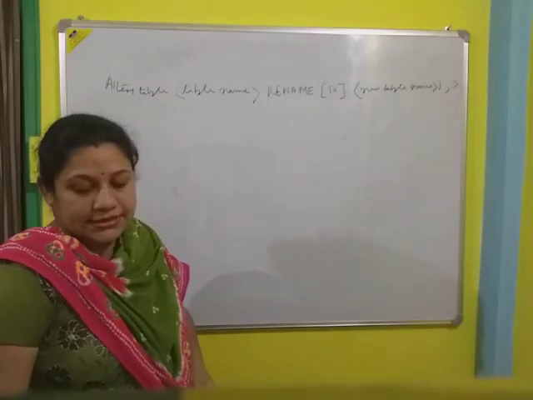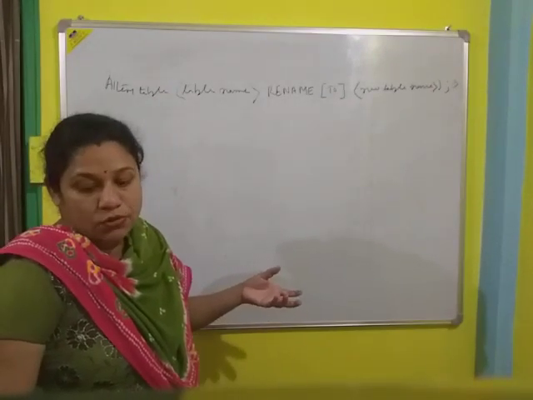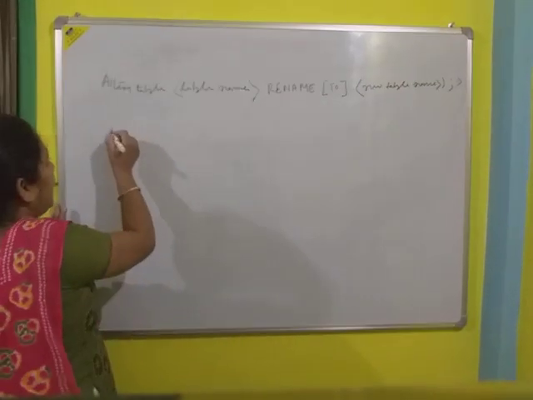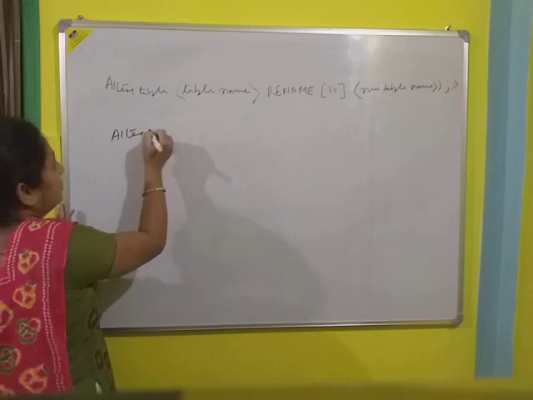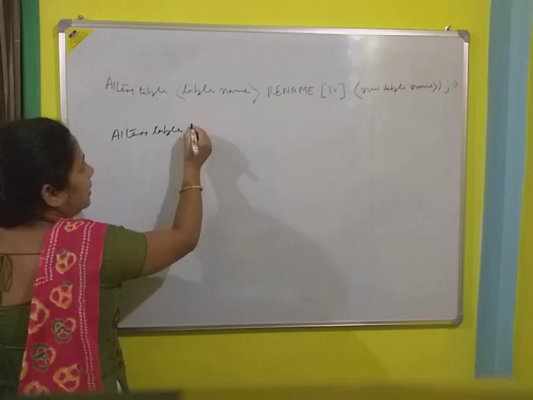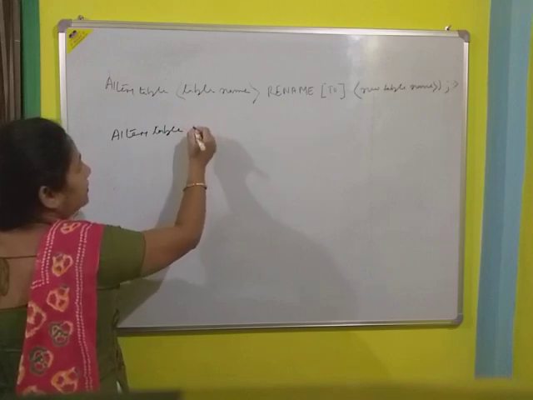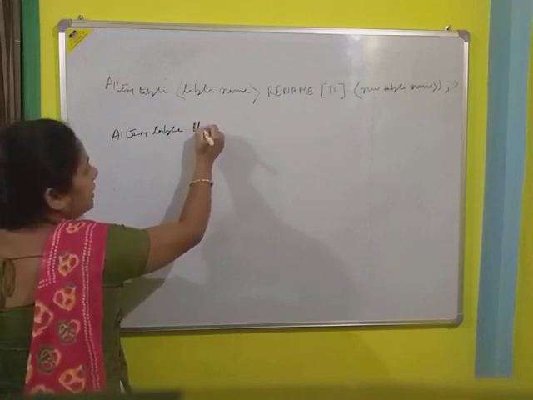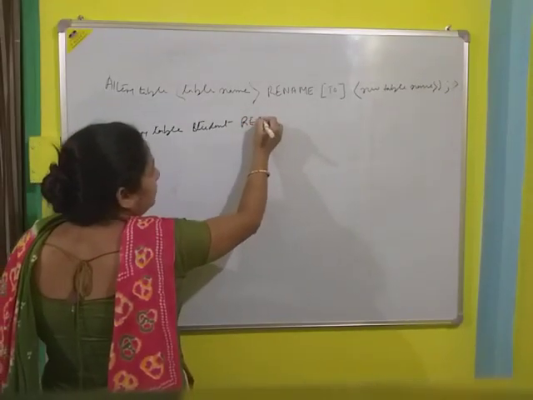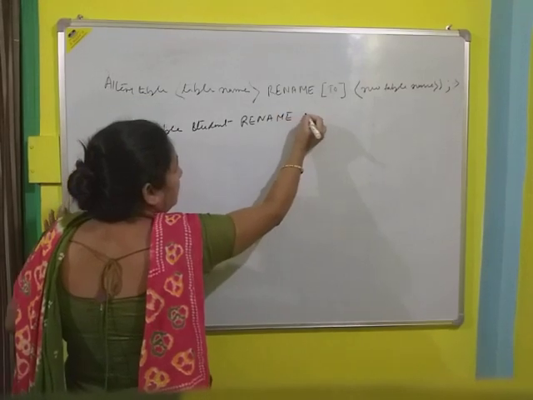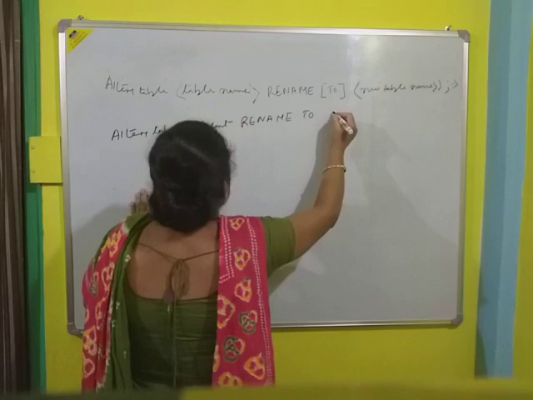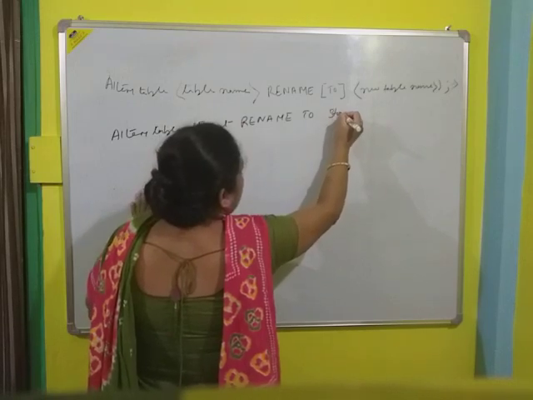If I want to change the student table to student detail, then what to do? You have to write alter table, give the old name of the table, that is student, then write rename to, and give the new name of the table, suppose student detail.